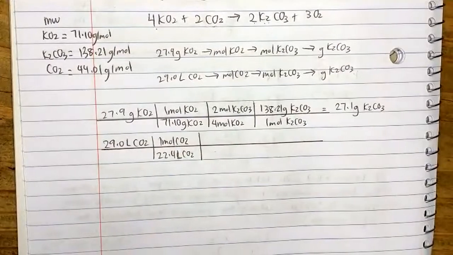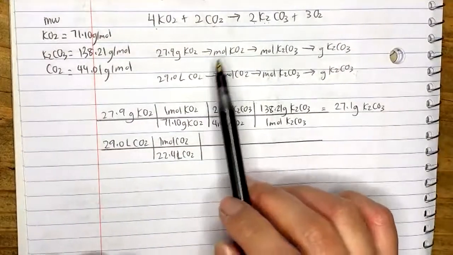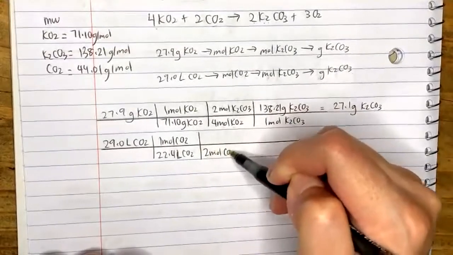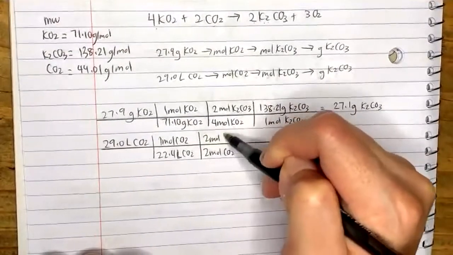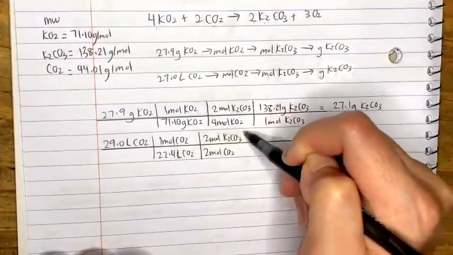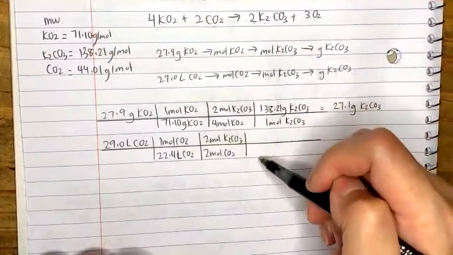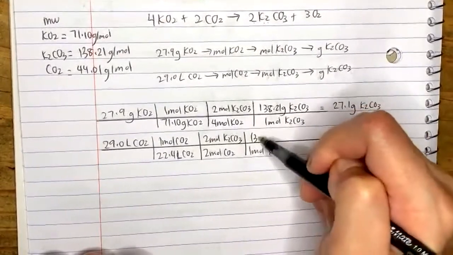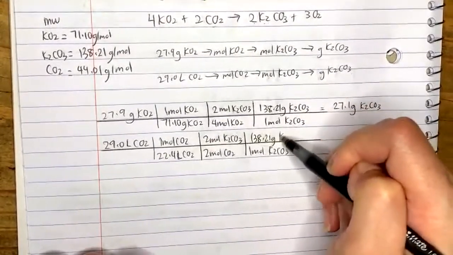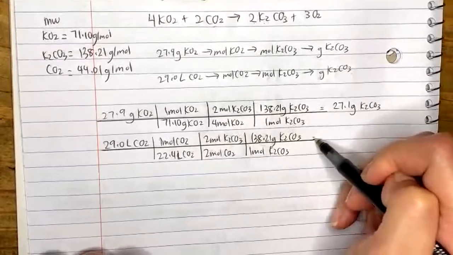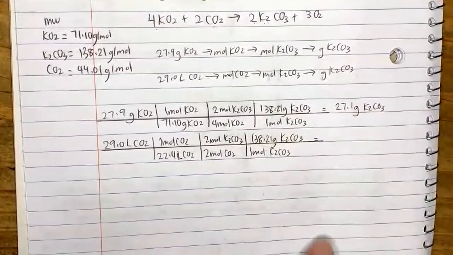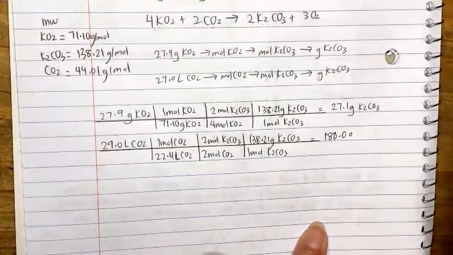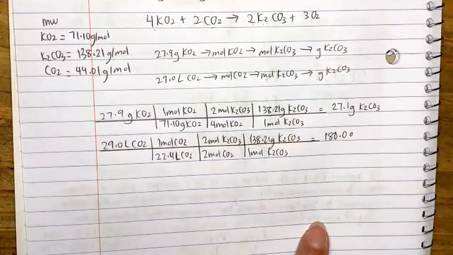And then we'll do the mole to mole ratio, 2 to 2. And then we'll convert it to grams again. Punch this in your calculator. You will get 180 point something.